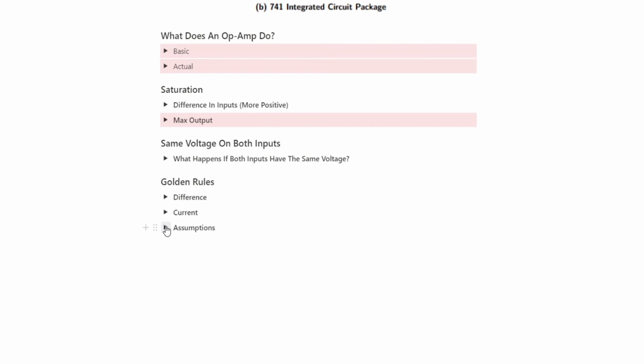Yeah, these assumptions are long. Let's see if I can remember them. There's one about input impedance and output impedance, one about the power supply rejection ratio, one about the common mode rejection ratio, and there's also no noise. The first one at the top, I can't really remember right now.